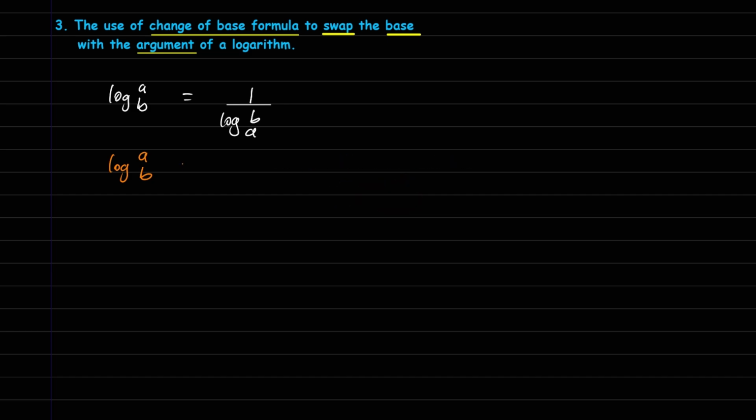In this instance, we should introduce a new base of a. So we will have log of a base a divided by log of b base a. And from identity rule, log of a base a should equal 1. So we'll have 1 divided by log of b base a. Thus swapping the base with the argument.